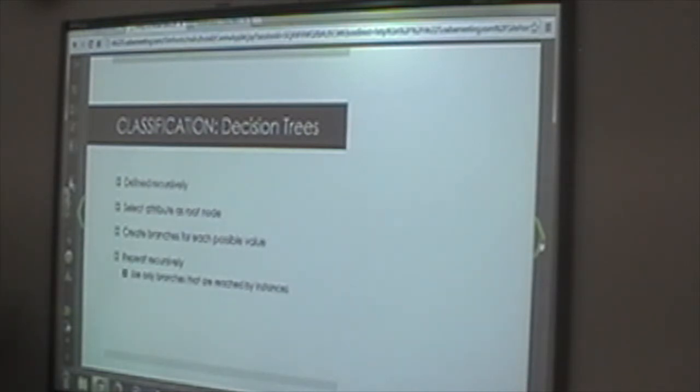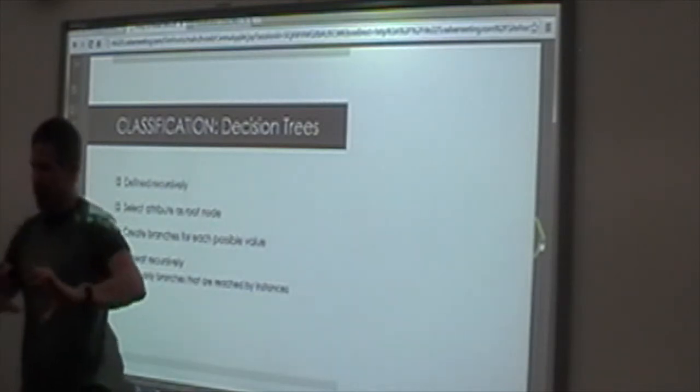And then with that attribute as the root, we're going to use the labels for that particular attribute as branches, and create branches for each of those values.